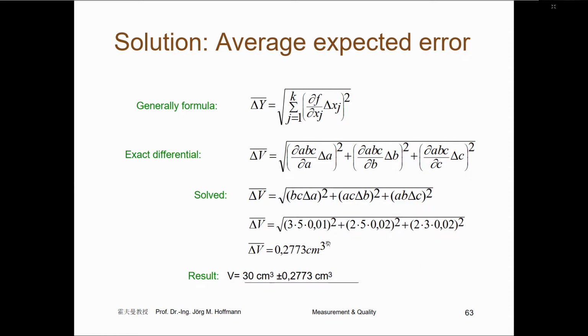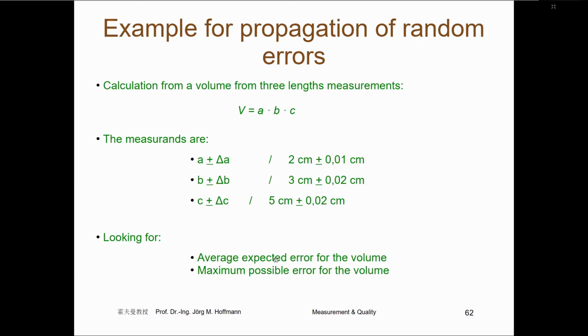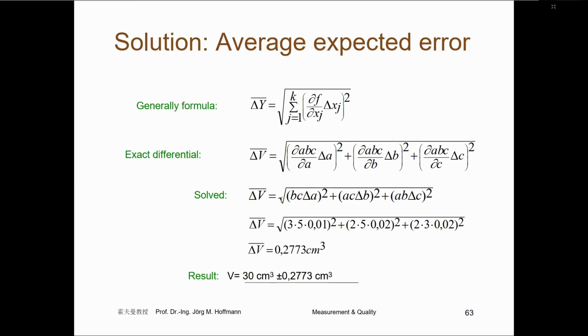But it must also work that you get in the end cubic centimeter. So, and the whole result is now the volume. Don't forget the volume. You see here 2 multiplied with 3 multiplied with 5 is 30 cubic centimeter plus minus 0.2773 cubic centimeter.